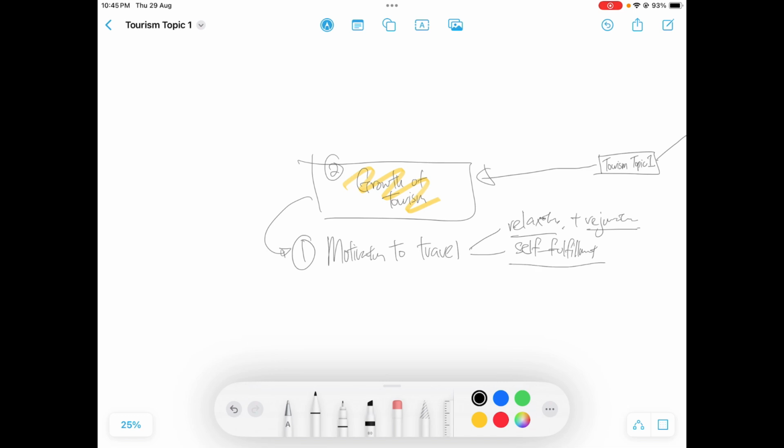Okay, it could also be for unique travel experiences, right? So these are reasons to travel. And why though? Okay, because firstly, there is a growth in income.